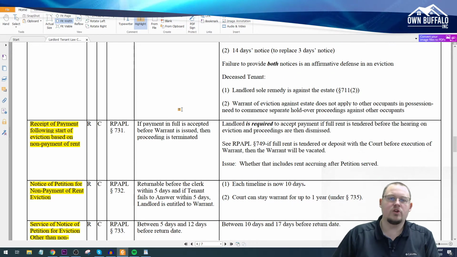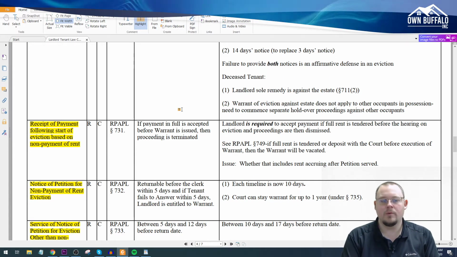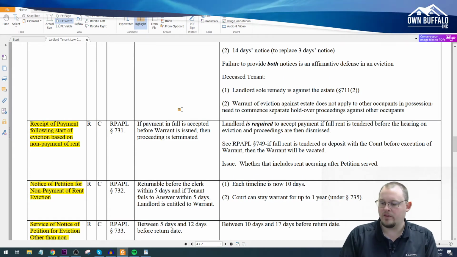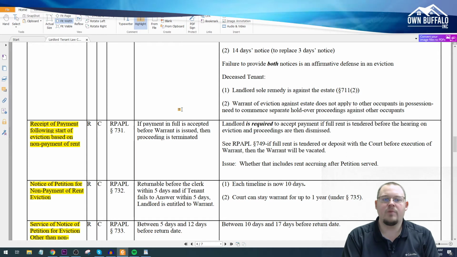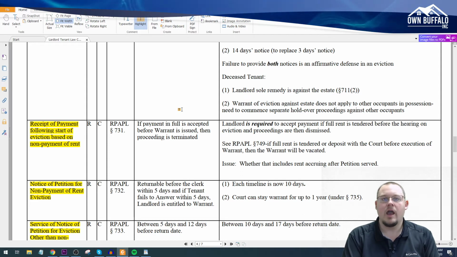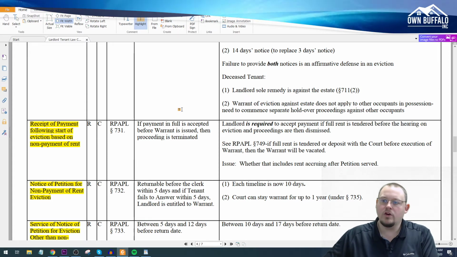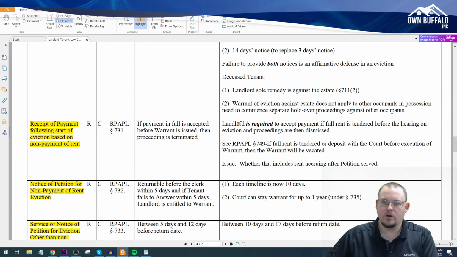If at any time between the time that you issue, basically between the time the rent's due and the time the tenant is physically removed from the property by the sheriff's department or the marshal, if they come to you and have payment of the amount due, the base rent that's due, you have to accept that, and that also terminates the tenancy. So that is something that's worth knowing. The landlord is required to accept payment if the full rent is tendered before the hearing.